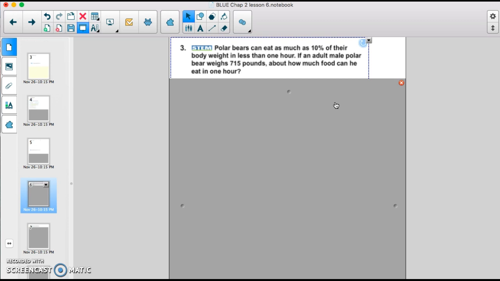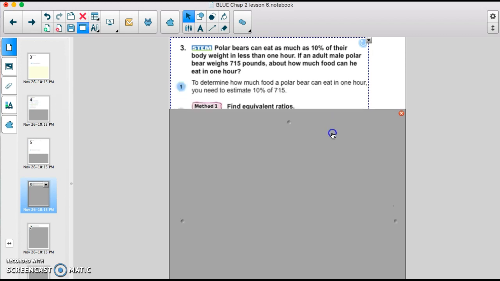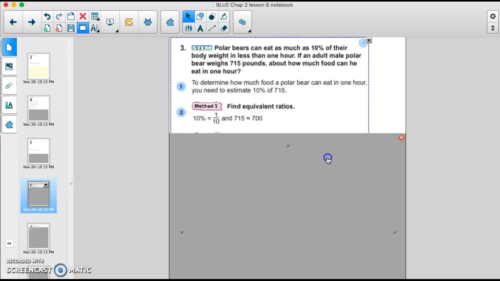So 10% is 1/10. So if we think of 1/10 dividing by 10, we would want to probably estimate 715. So my first strategy is to go ahead and simplify 1/10 and go ahead and estimate 700.